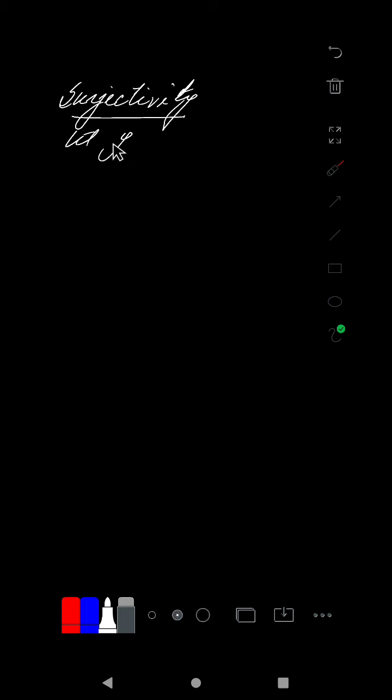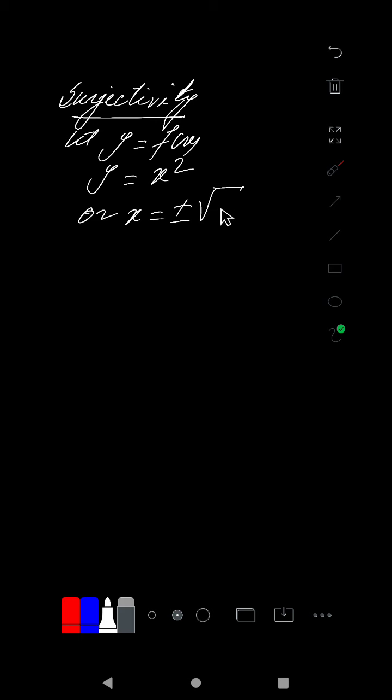Let y is equal to f(x), that is y is equal to x square, or x is equal to plus minus under root y. Here we have taken plus minus because x is an integer and integer can be positive, negative or 0. Clearly, x is defined for y is equal to 0, 1, 4, 9, 16 and so on.